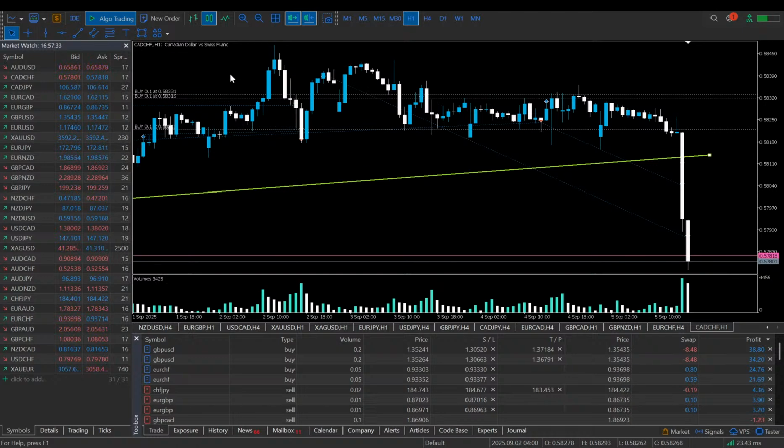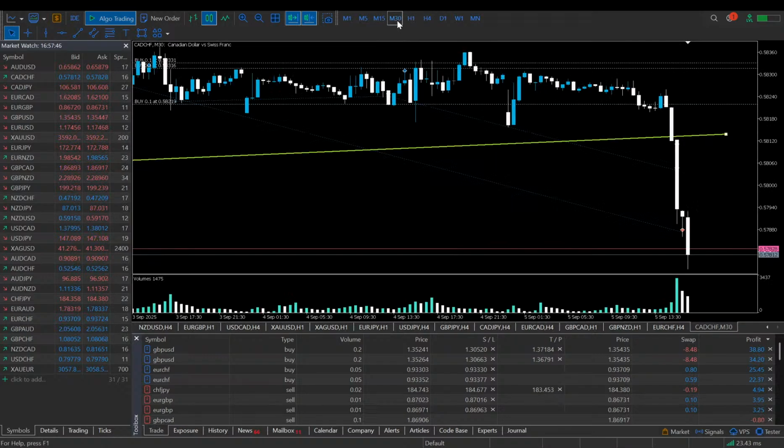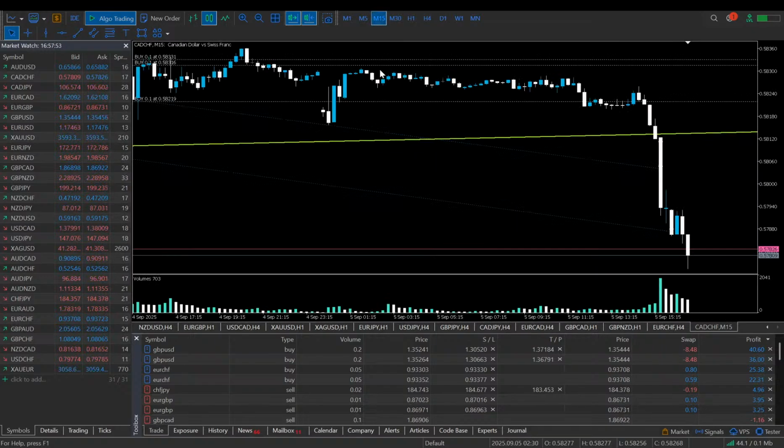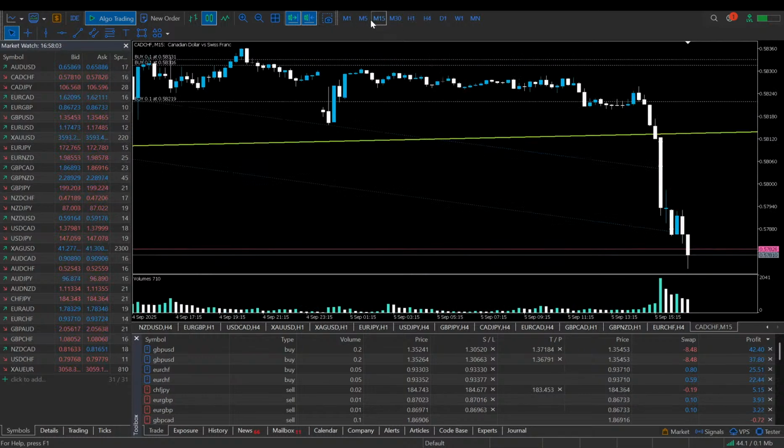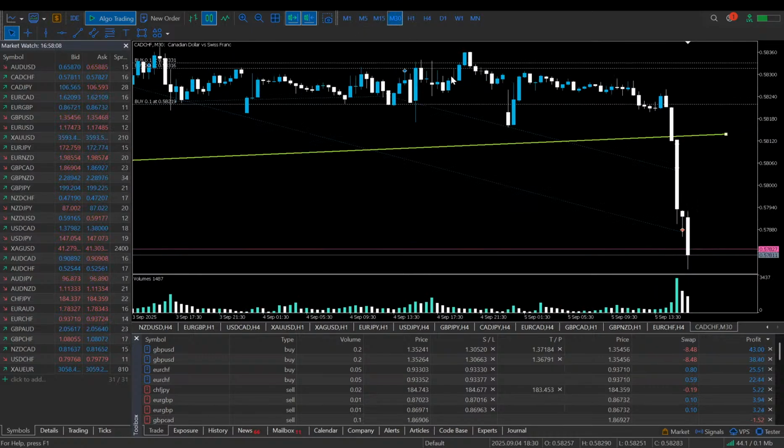So having said that, I will be looking to get a new opportunity on CAD-CHF at this time. I'm going to navigate through other time frames and see what sort of price action they have overall, and visually see the price bar setup itself, knowing that I'm having a correlation with what I like to see.